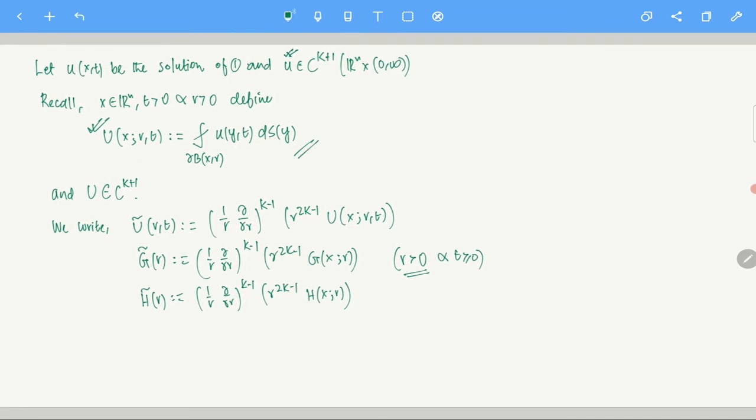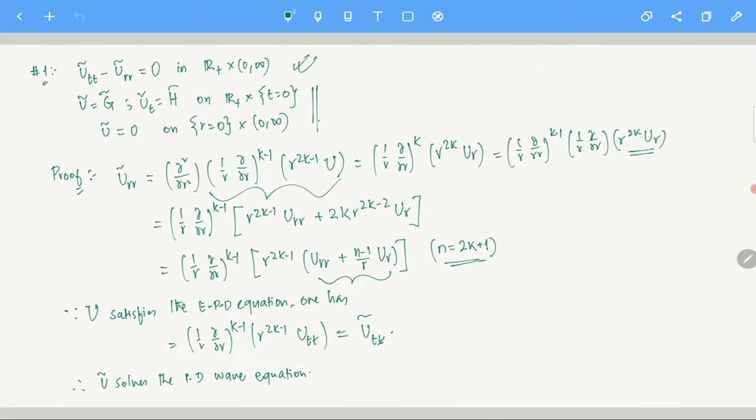If you take r tends to 0, we have seen this. I think this is part of the Laplacian assignment, some week, I don't remember exactly, but in one of the assignment problems you have seen that the limit as r tends to 0 of capital U goes to the small u at the center, x, t.